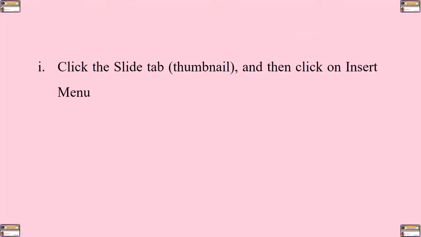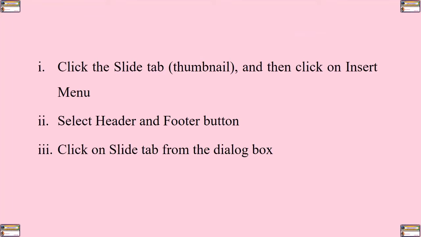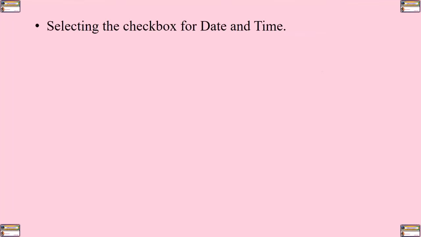Number one, you click the Slide tab or thumbnail, and then click on Insert Menu, and then select Header and Footer button. From there, you click on Slide tab again from the dialog box, and then you set your options, such as selecting the checkbox for date and time.